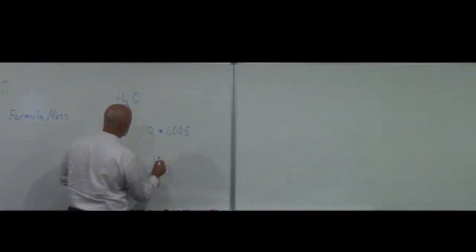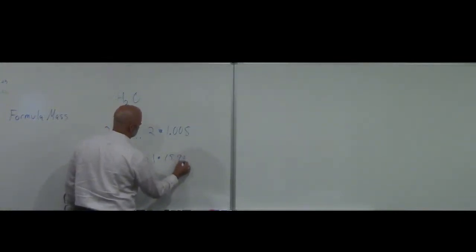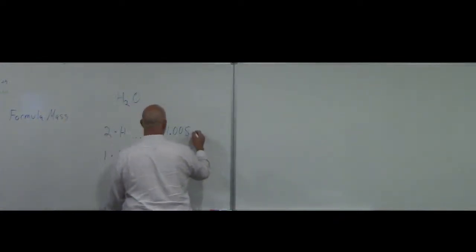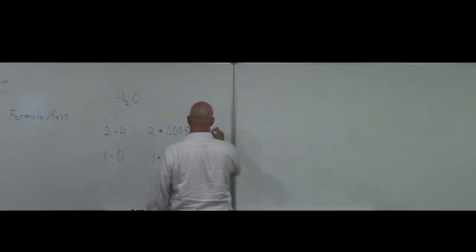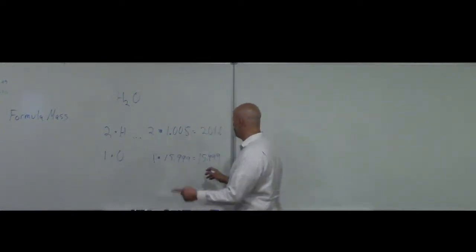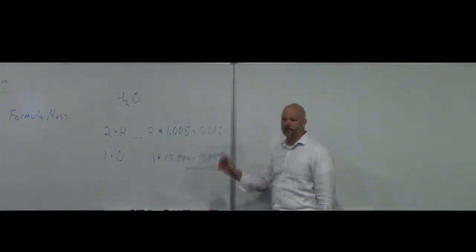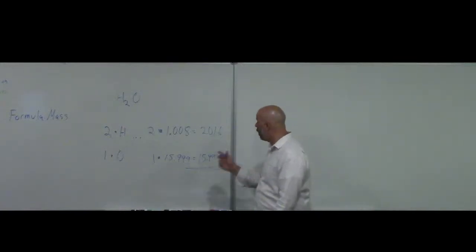So 2 times that, and 1 times, what is it for oxygen? 15.999. Okay, I can do this math. This is easy. So this is just going to be 2.016, and this is going to stay 15.999. Now I need to add them together, and I'll have the formula mass for water, right?